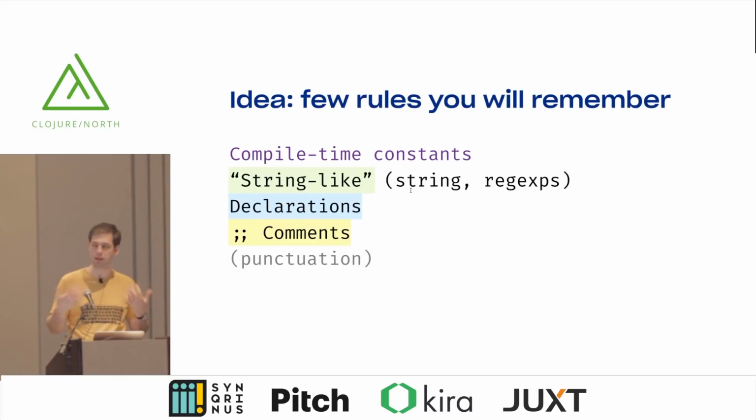One is compile-time constants, like numbers, booleans, true, false, constants, instance UIDs, stuff like that. The other is string-likes, like strings, regexps, single characters. Then declarations, like top-level definitions of classes, functions, namespaces, the name itself, not everything. And the comments. And punctuation is just grayed out a little bit.